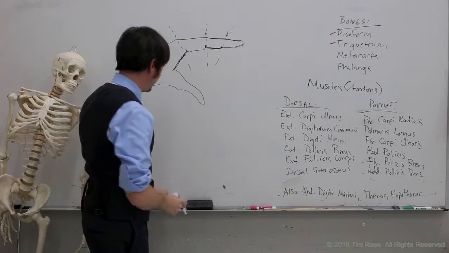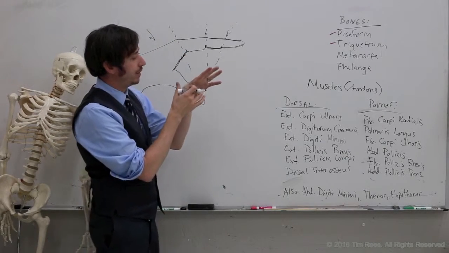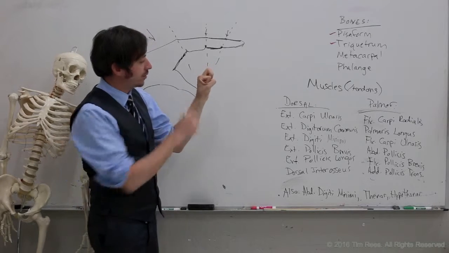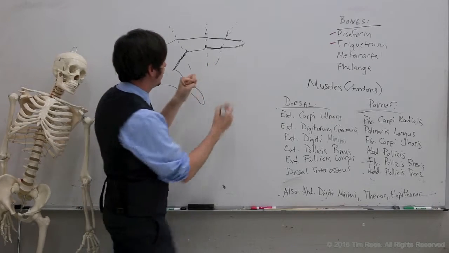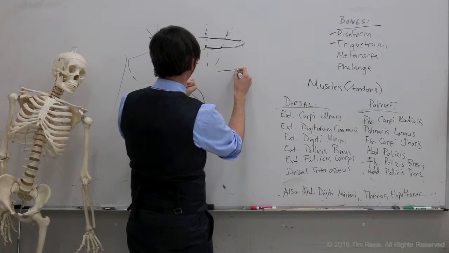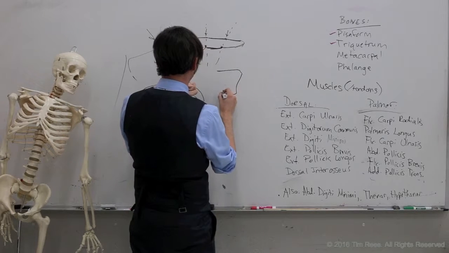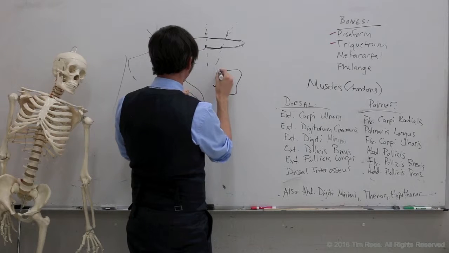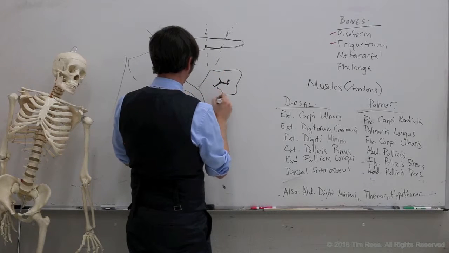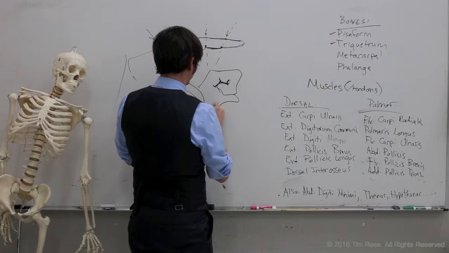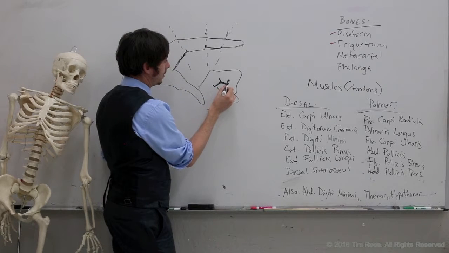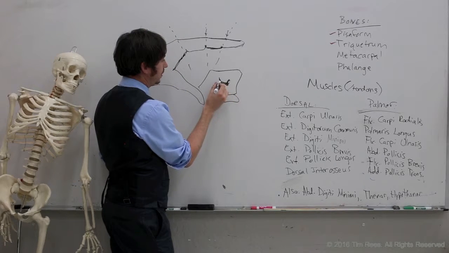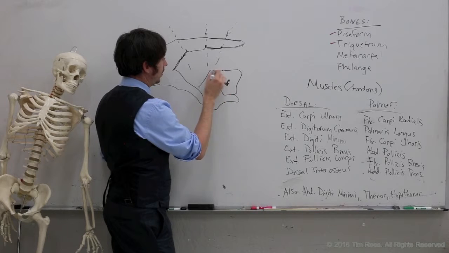We have the skin and the pad that's right here. And when we make a fist, you'll notice it creates this additional little pad. So we see something along the lines of this. We'll see a pad, a pad, a pad, and a pad. 4 pads.